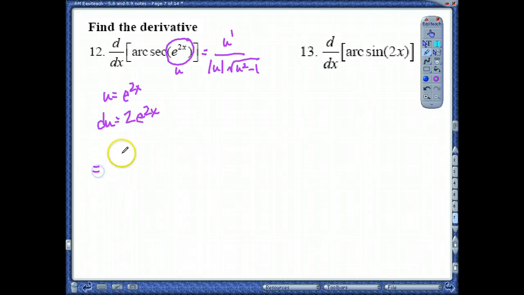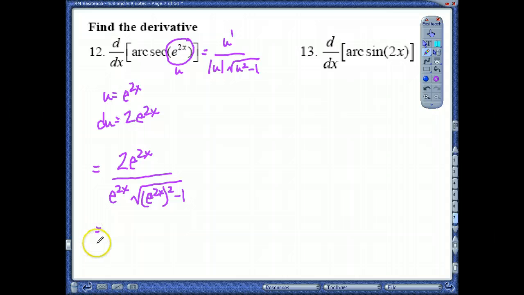So my derivative is going to be du. Remember, u prime is du, so that's 2e to the 2x, divided by the absolute value of u. I don't need to put e to the 2x in absolute value because it is going to be positive. And then e to the 2x squared, let me just rewrite it, minus 1.